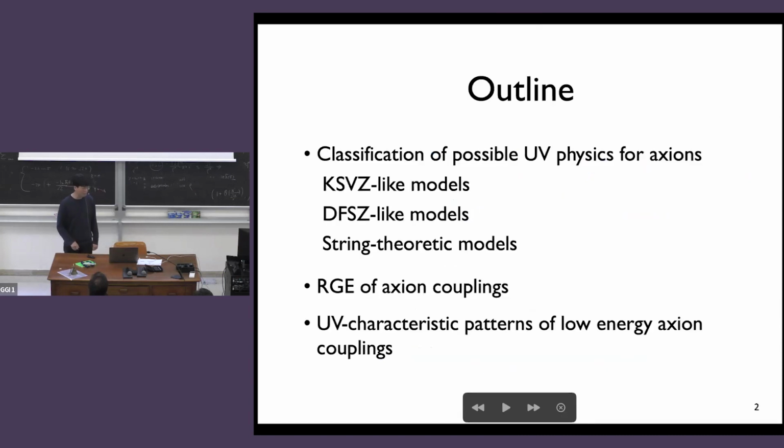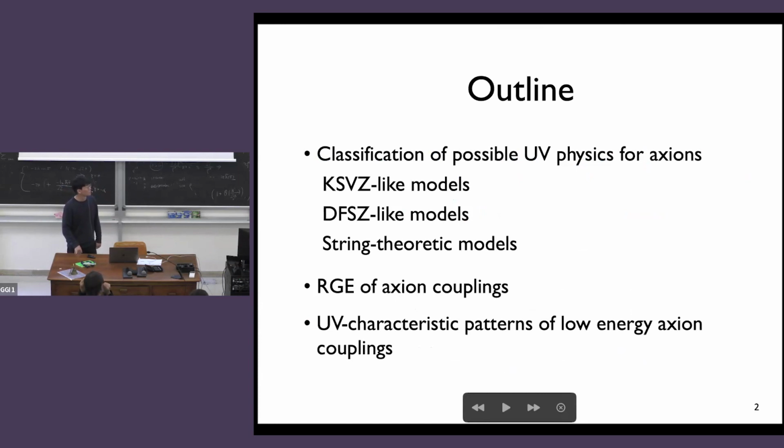Here I will discuss the classification of possible UV physics for axions, including string theory axions. We will see that these three different classes of UV physics show clearly different patterns of low energy axion couplings to the standard model particles at tree level.